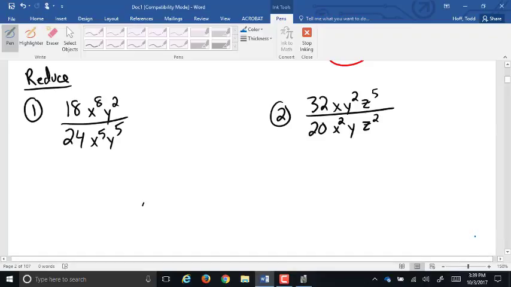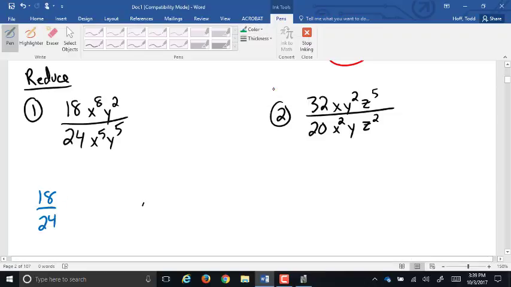Both of them are just reducing. It's easiest, at least it's easiest for me, when we have the variables involved, if I take out the numbers and simplify the numbers first, and then come back and work with the variables. So I'm going to look at the 18 over 24 here.